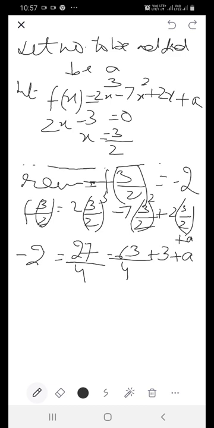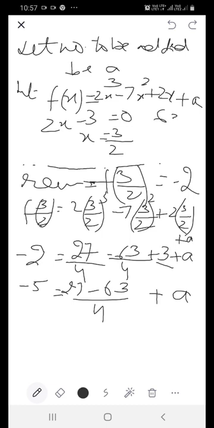Now take this 3 to the left side, minus 2 minus 3 will become minus 5 is equal to, take the LCM as 4, 27 minus 63 plus a separately. Then how much will be 27 minus 63?